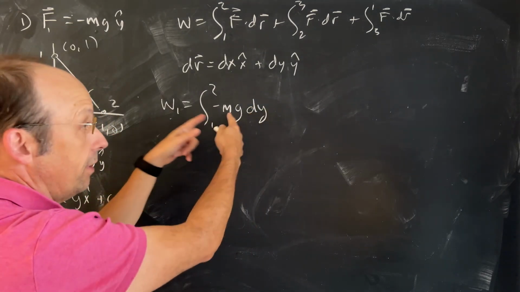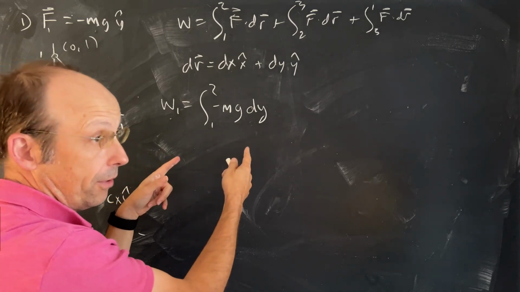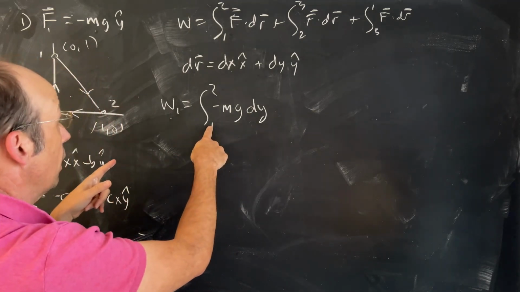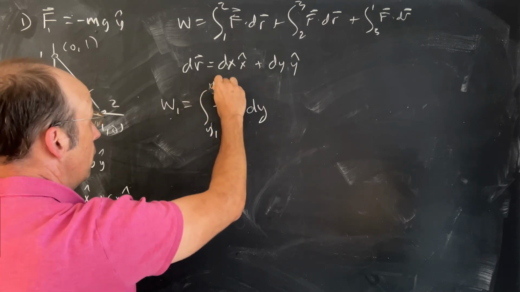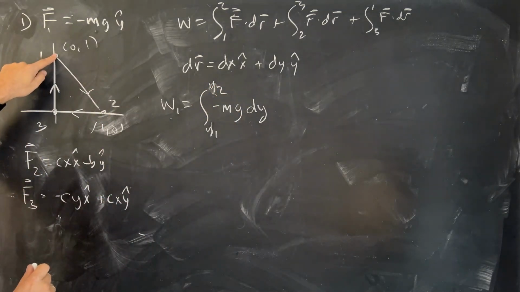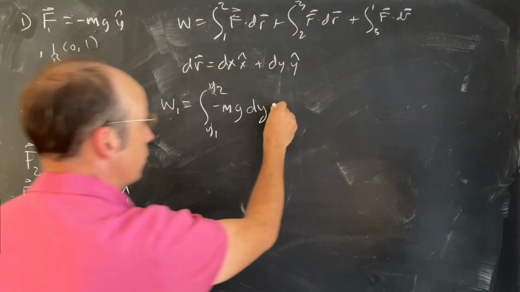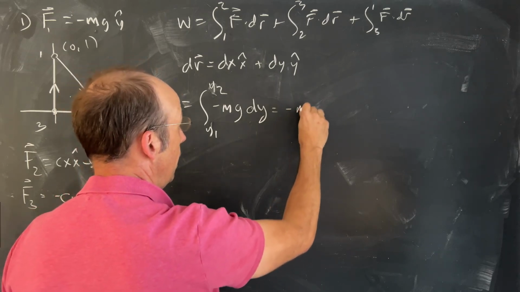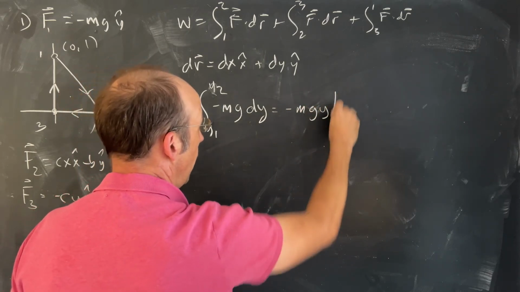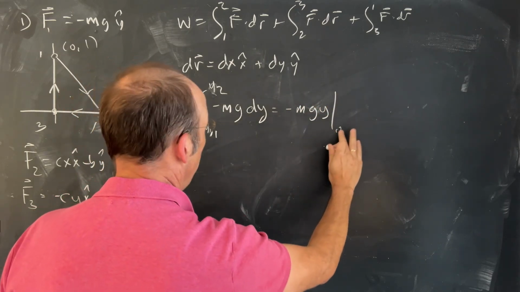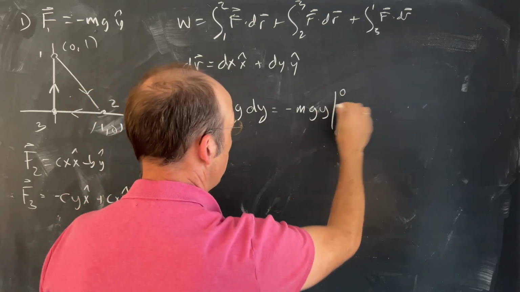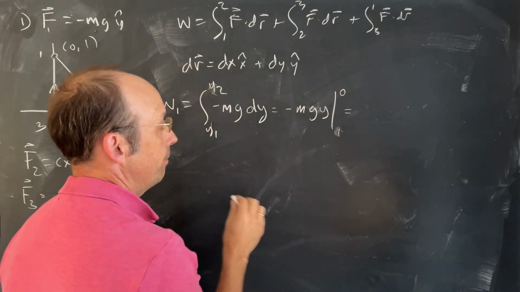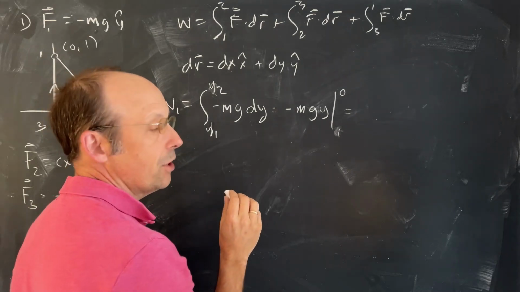The only thing in here depends on y, so I can integrate over the limits of y, from y1 to y2. y1 is 1, y2 is 0. So this is going to be equal to negative mgy from 1 to 0. Let's say mg is 1.